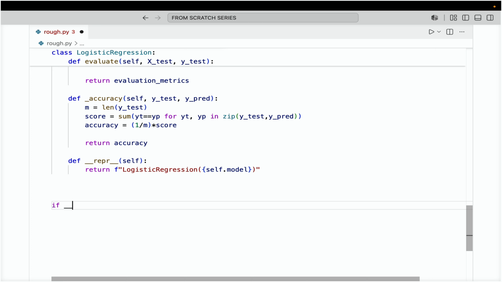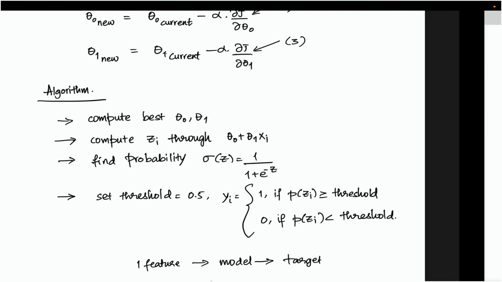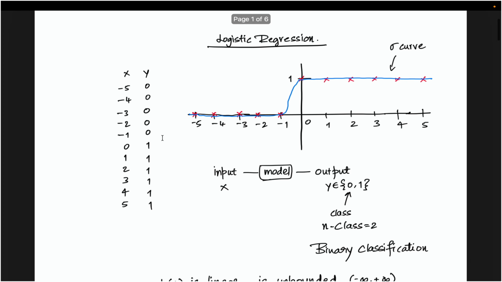Let's get going with the testing part. We'll implement the example that we looked at before.